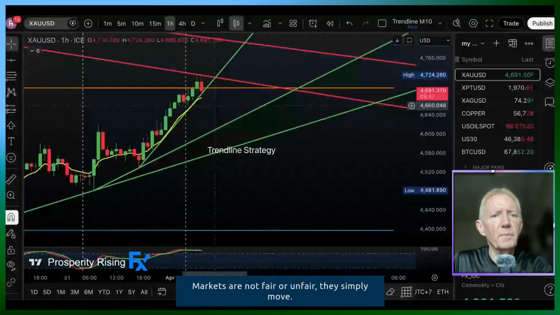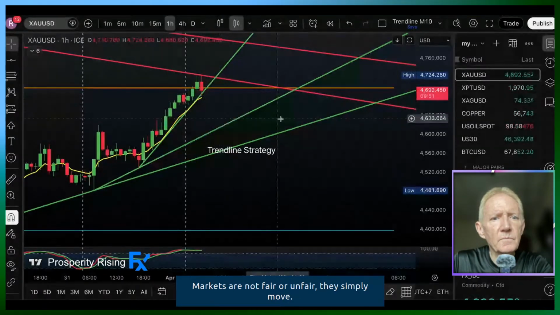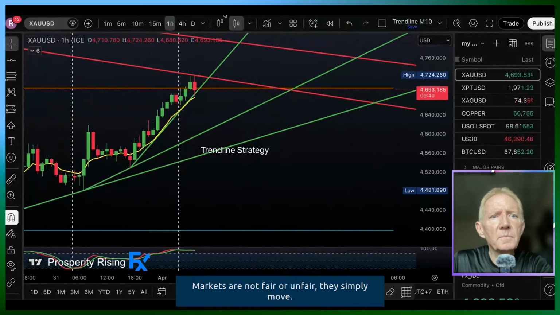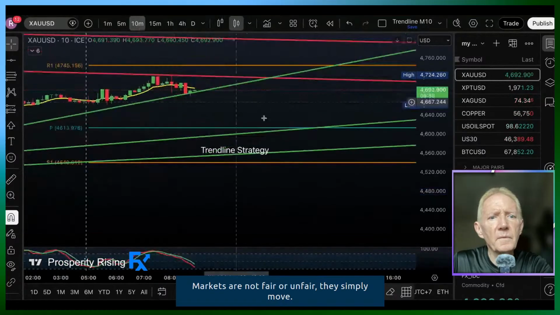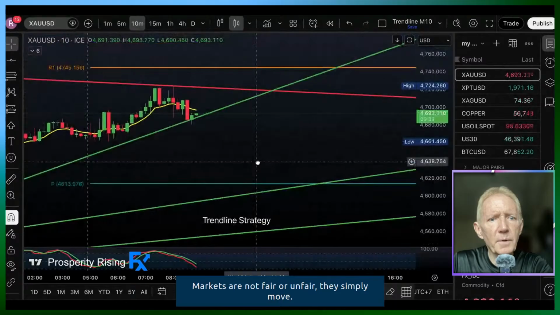Because remember, on the hour, sometimes we get that reversal. It does something the first hour, and then the second hour goes the opposite direction. That's a possibility. So my plan is just to sit tight for the moment.